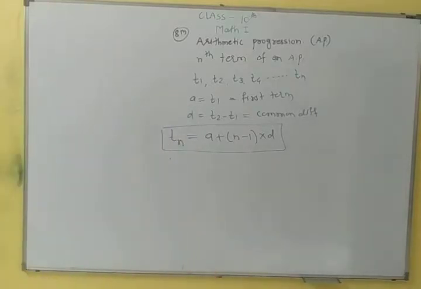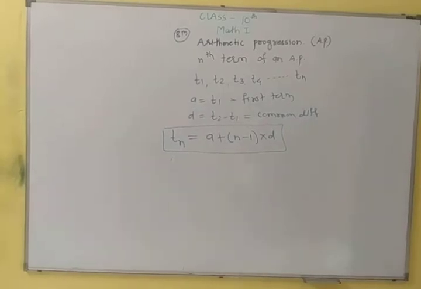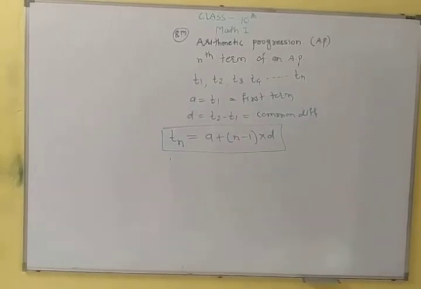So first problem is the activity. You can solve the activity, problem number 1. We solve question number 2. Decide whether the following sequence is an AP. If so, find the 20th term of the progression.